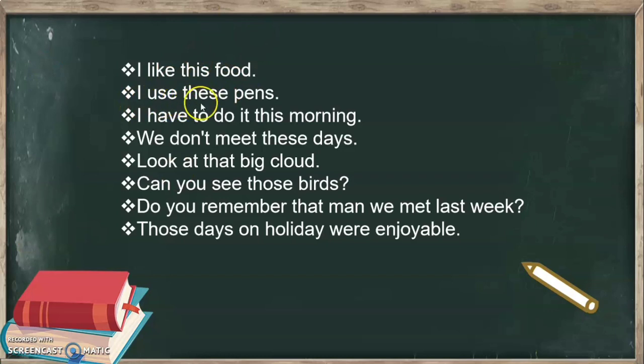I use these pens. I have to do it this morning. Here we have the noun morning. We are talking about the time. We have nouns such as days, clouds, birds, time.